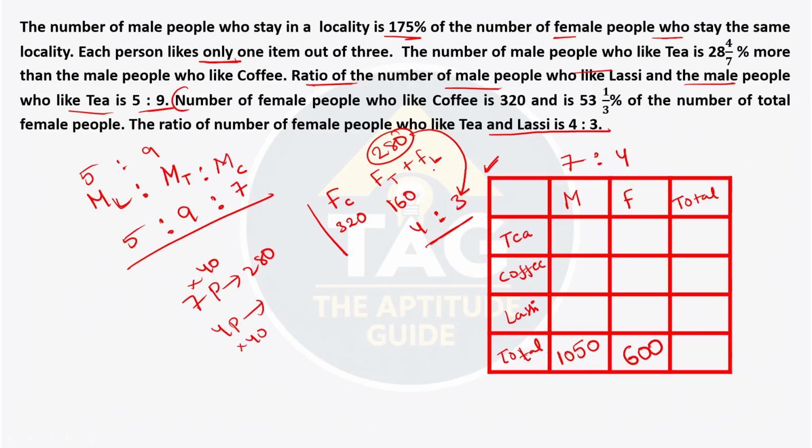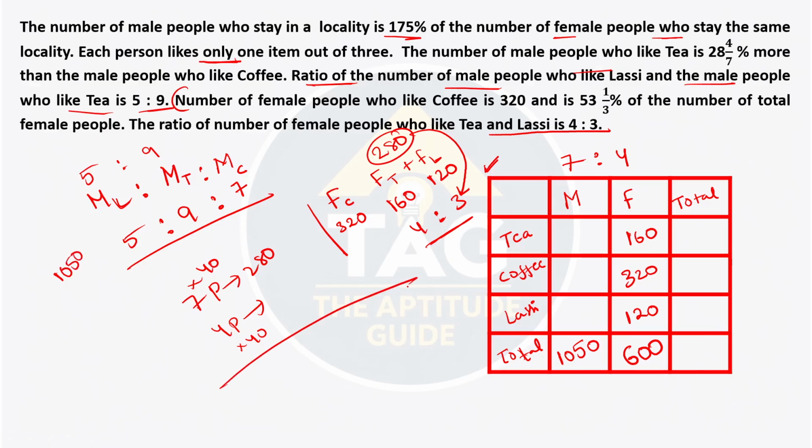Female people who like lassi, it has to be 120. Let us put this information here. Female coffee, 320. Female lassi, 120. Female tea, 160.